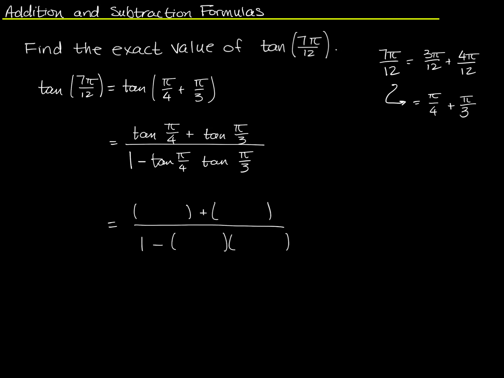The tangent of pi over 4 is the sine of pi over 4 over the cosine of pi over 4. But those two values are the same. They're square root of 2 over 2. So the tangent of pi over 4 is 1. The tangent of pi over 3, I can never remember this one. So I have 0, 1, 2, 3, 4, the square root of, this is my sine, and 0, 1, 2, 3, 4.